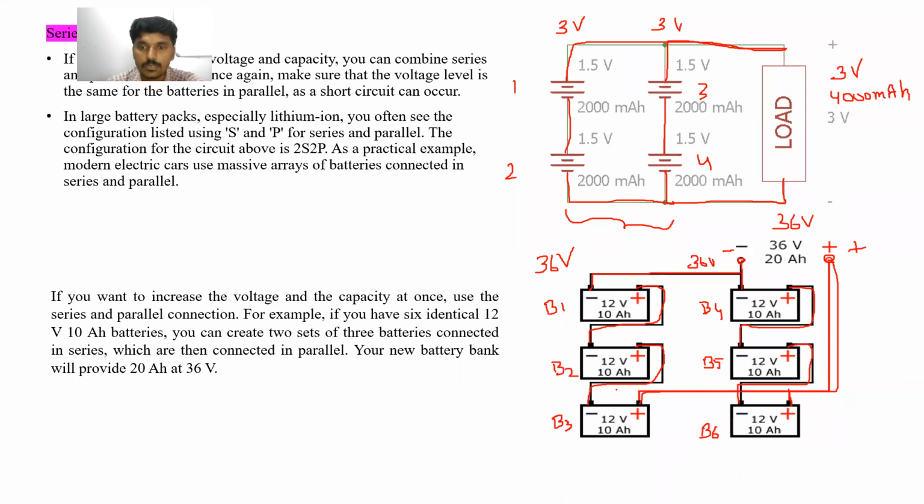These three are connected in series, means 10 ampere hours, and this is also connected in series, means 10 ampere hours. These two are connected in parallel, means 36 volts, 10 plus 10, 20 ampere hours. This is the rated value of this battery: 36 volts, 20 ampere hours.